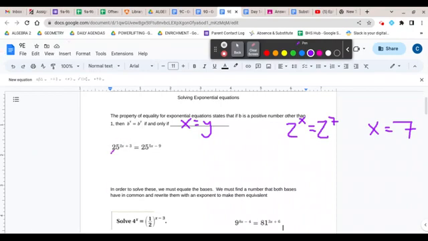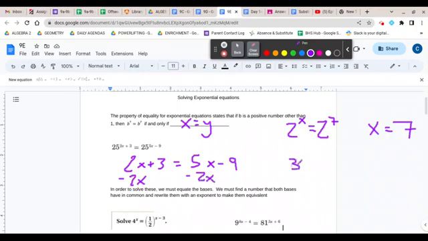So on this first example here, if we have 25 to the 2x plus 3 power is equal to 25 to the 5x minus 9 power, we can make 2x plus 3 equal to 5x minus 9. And to solve it, we'll move the x's over to one side and get them by itself. So we'd minus 2x here, minus 2x there.